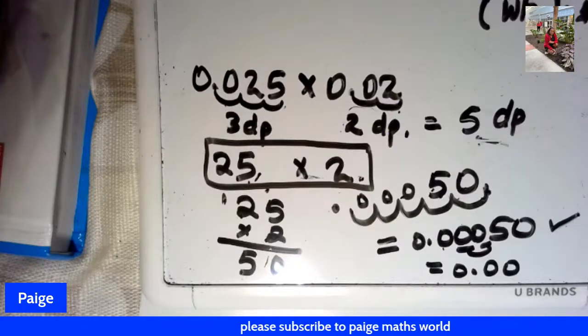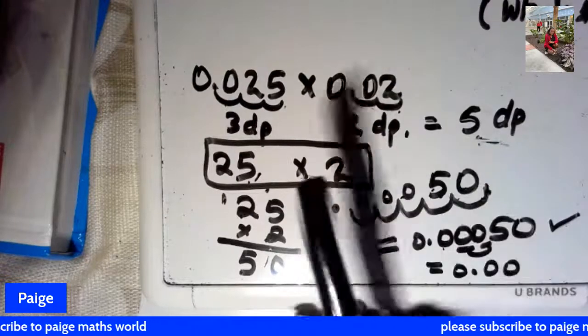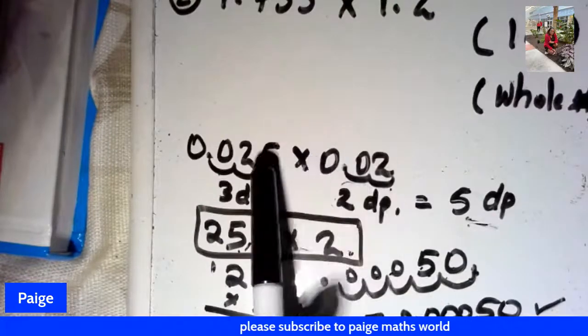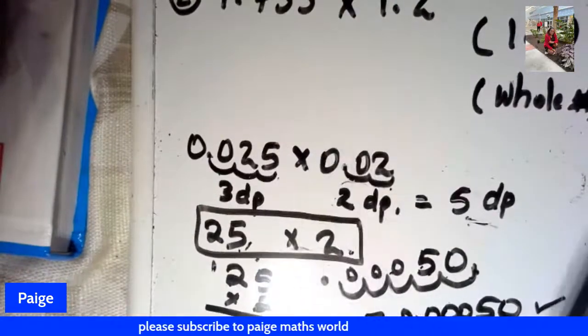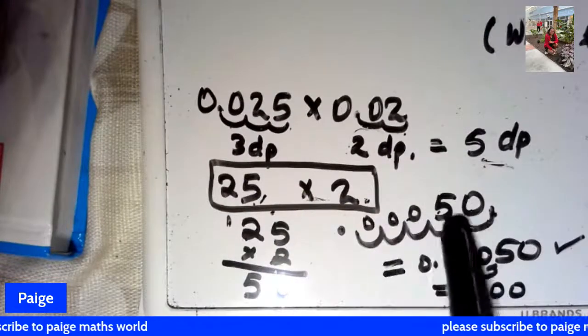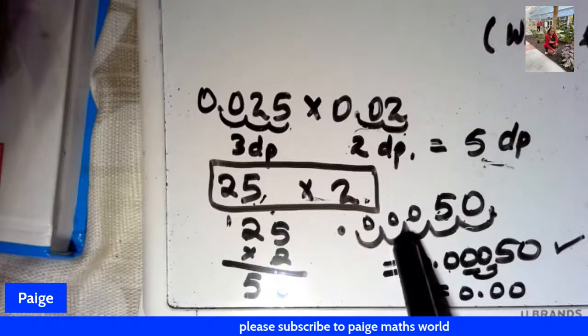No, 0.00. Because remember, this is your original answer when you multiply this problem. If you want, you can go ahead and cheat and multiply this by your calculator. You're going to get this as your answer. When you get this, you're asked to round it off to the nearest two decimal points.